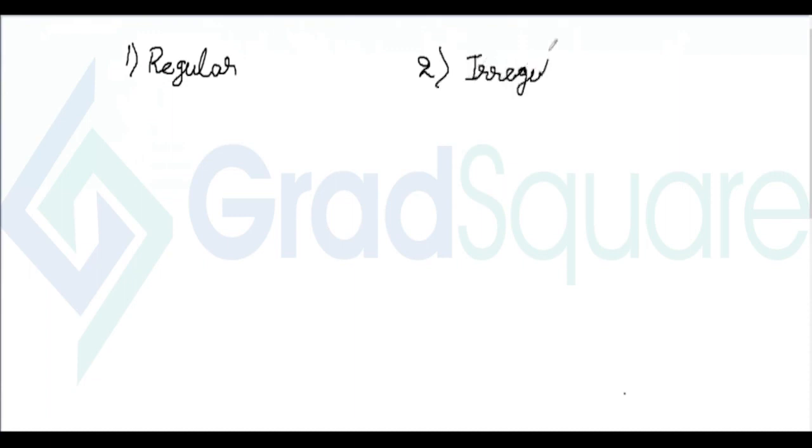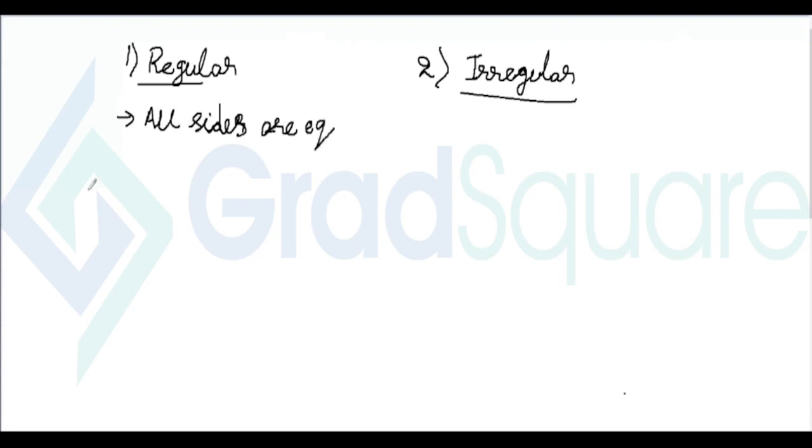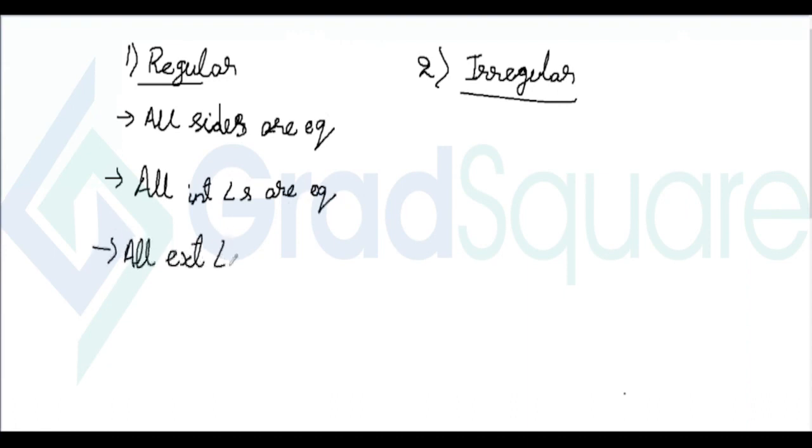So what are regular polygons? Regular polygons are those polygons in which all sides are equal, all interior angles are equal, and all exterior angles are equal.